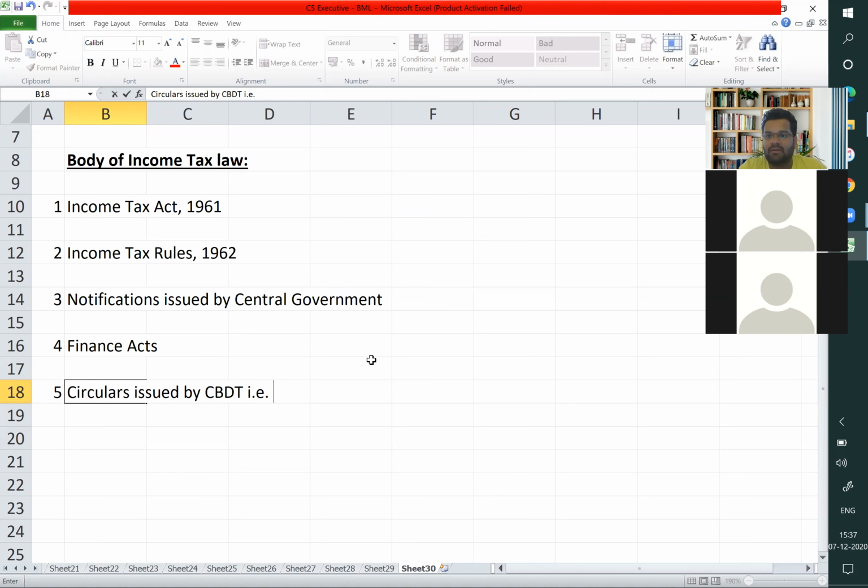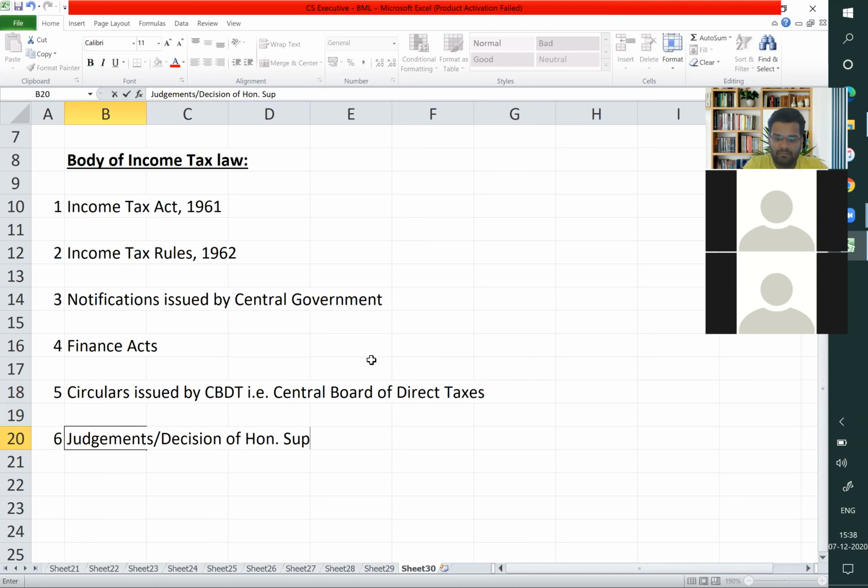CBIC, correct. Here it is CBDT, that is the Central Board of Direct Taxes. Then judgments or decisions of the Honorable Supreme Court. This becomes the body of income tax law.